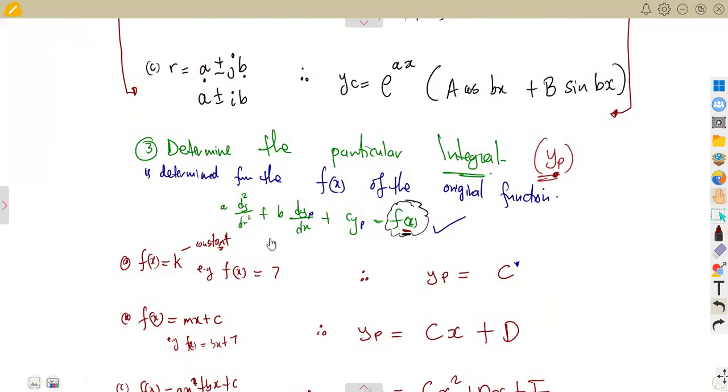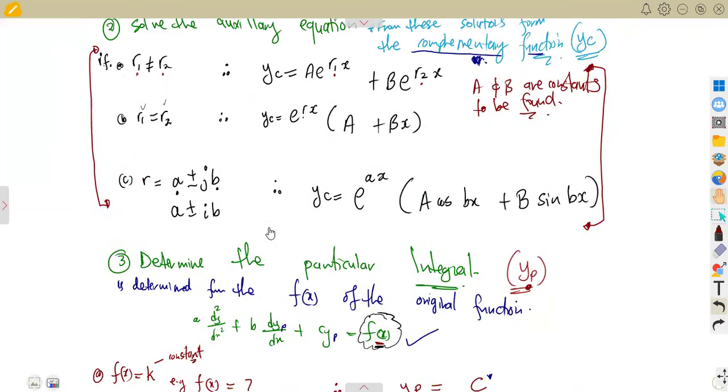This is what we had here. We just wrote our complementary function in terms of A and B. In each of these formats, we don't know whether it is going to be this, this or this. We just wrote the complementary function in terms of A and B, that's why I wrote A and B are constants to be found.